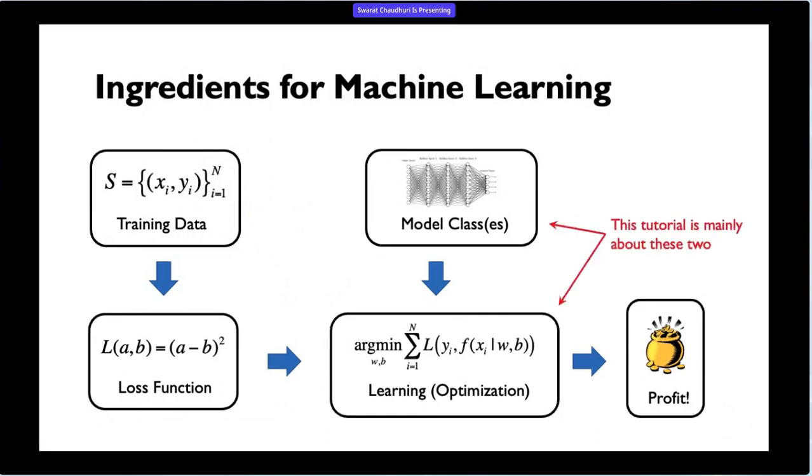And in particular, in this tutorial, we are going to be focused on the learning algorithms and the class of models. Whereas in deep learning, the model classes are just parameterized functions, specifically neural networks, for us, it's going to be a broader space of functions represented using these programmatic notations.